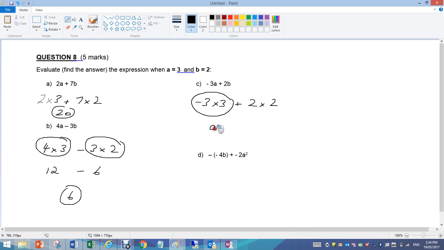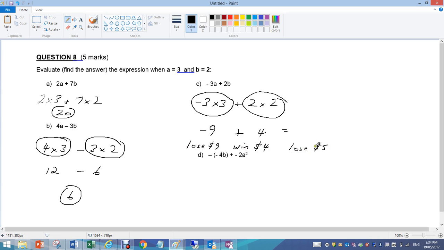Okay, negative 3 times A was 3, plus 2 times B, and B was 2. So again, must do the multiplications first. Negative 3 times 3. Well, 3 times 3 is 9, and there's a negative sign, plus 2 times 2 is 4. So negative 9 plus 4, so if we lost $9, win $4. If you lost 9 but win 4, it's like you've lost $5.